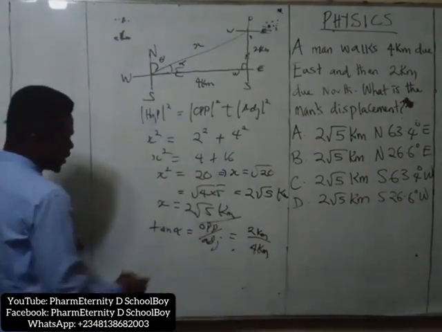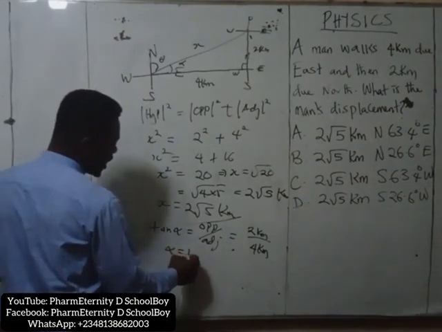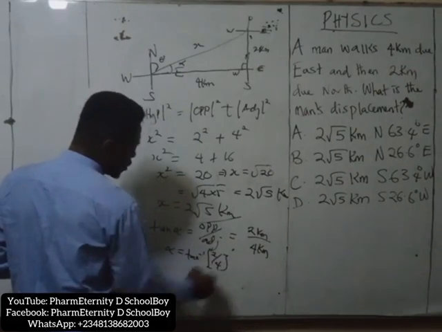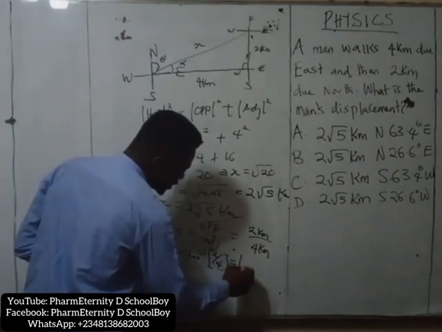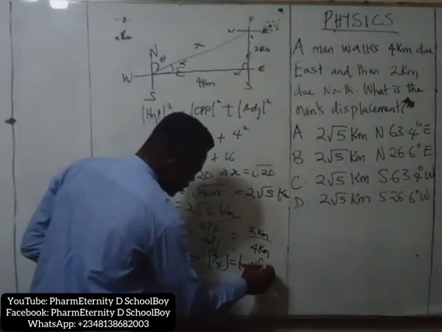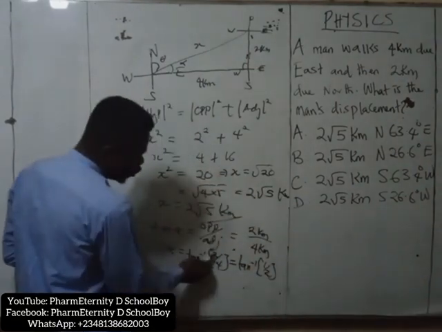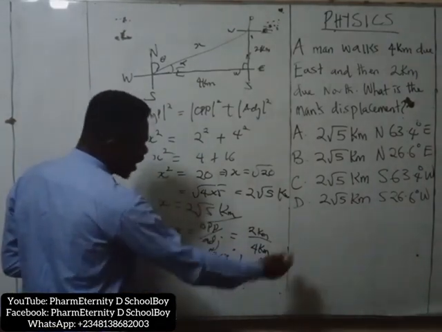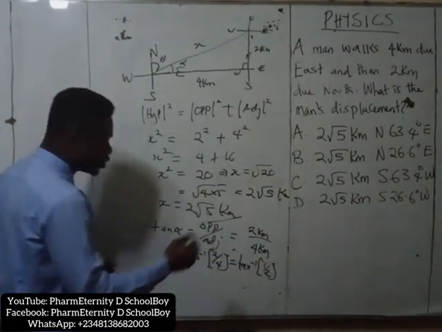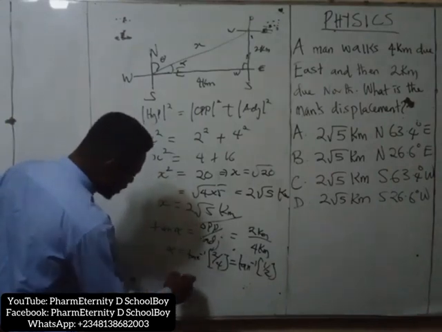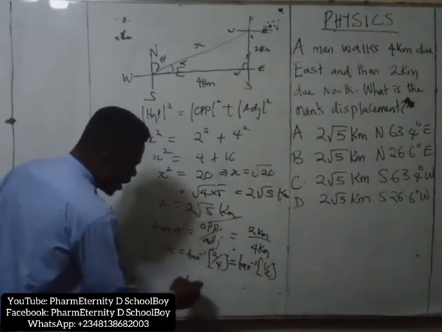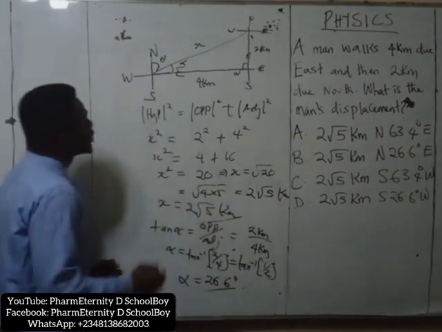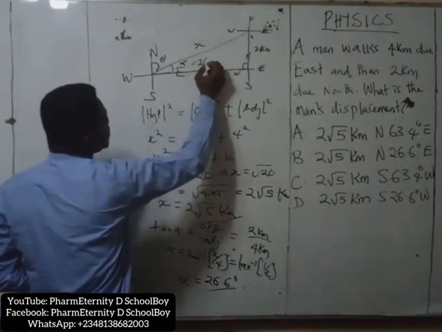So alpha is equal to tan inverse of 2 over 4, which is tan inverse of half. If you punch your calculator, tan inverse of half is approximately 26.6. So alpha is equal to 26.6 degrees.